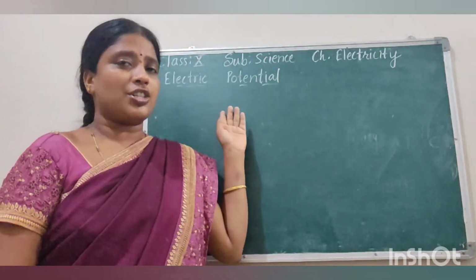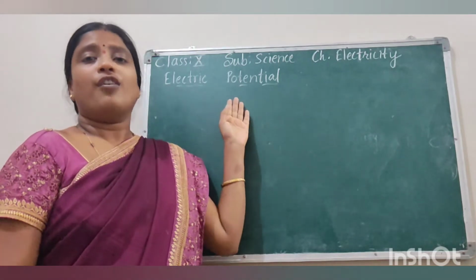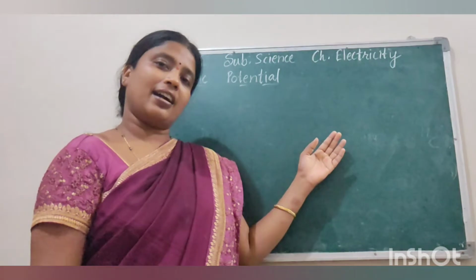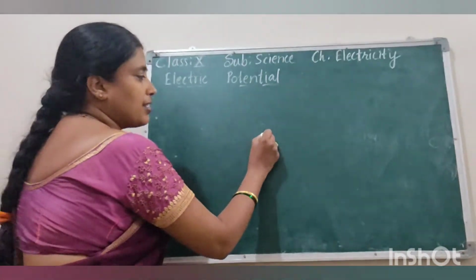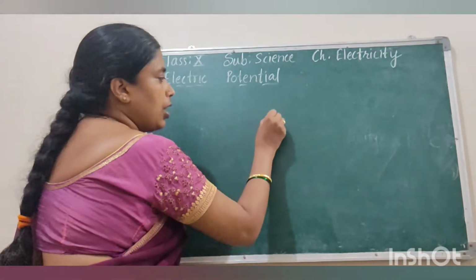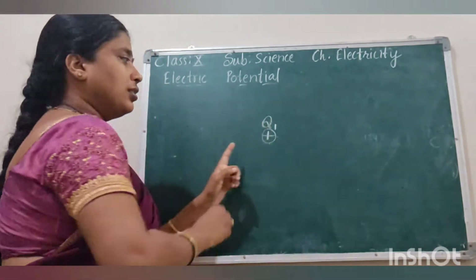Why is electric potential important? This is important for the flow of charges, and if there is a flow of charge, there will be electric current. So let us assume a positive charge Q1 kept here.